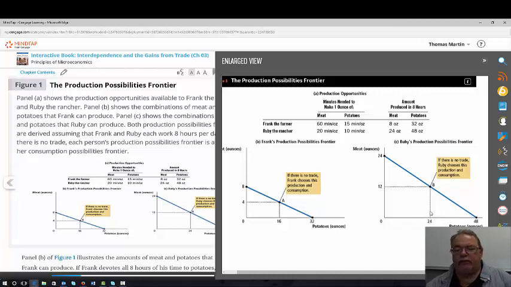This shows the desired consumption for both Ruby and Frank. Right here, Frank will consume 4 ounces of meat and 16 ounces of potatoes. Ruby will consume 12 ounces of meat and 24 ounces of potatoes, excuse me.